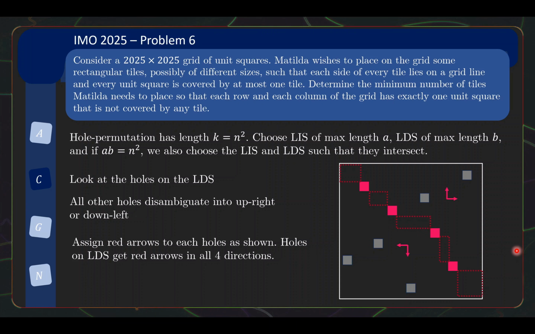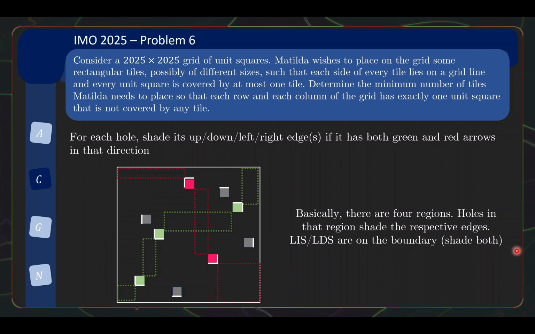And why am I coming up with this weird arrow labeling system? Basically, now I'm going to combine both LIS and LDS on the same diagram, and I can unambiguously label each hole. Specifically, for each hole, we shade its up, down, left, or right edge if it has both green and red arrows in that direction.